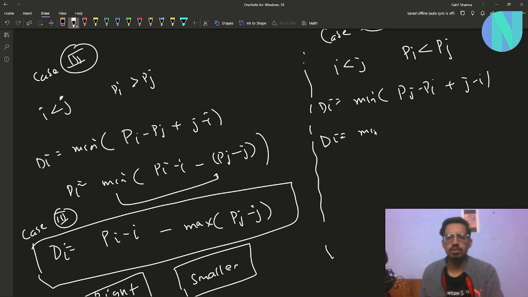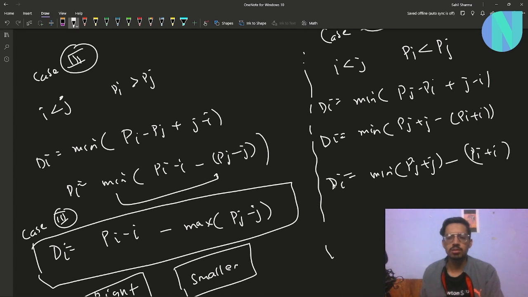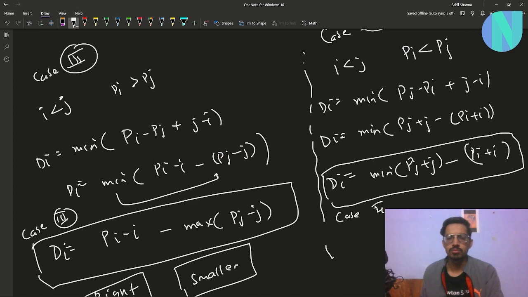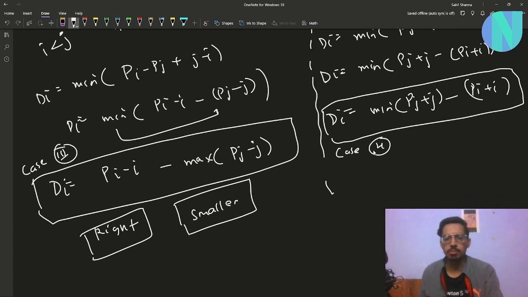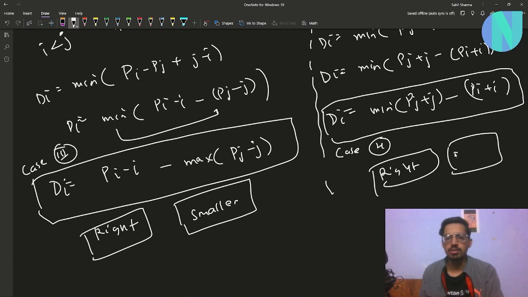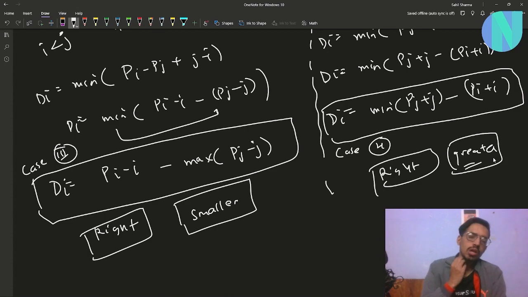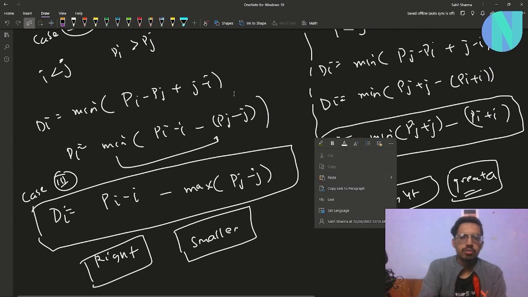So you get di is equal to minimum of pj plus j minus pi plus i, right? So this is your case 4, and here your element is lying on the right side and it is greater, right?